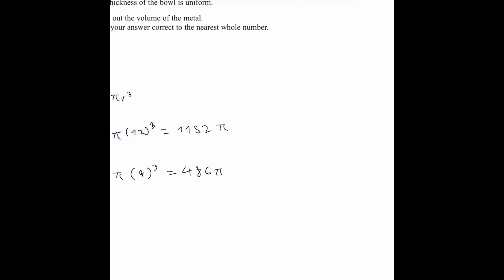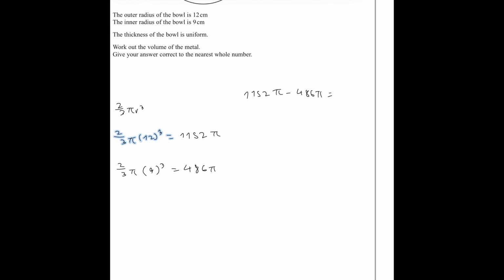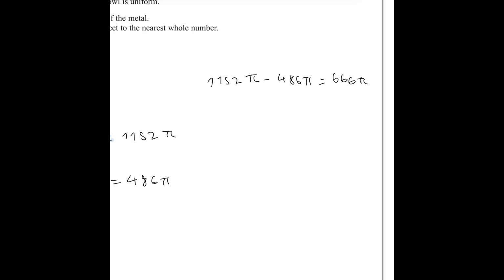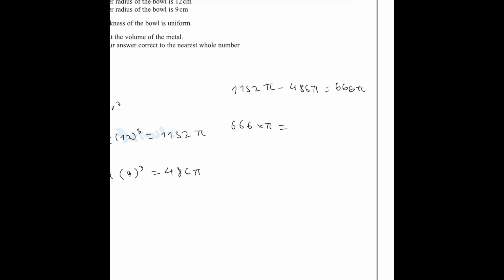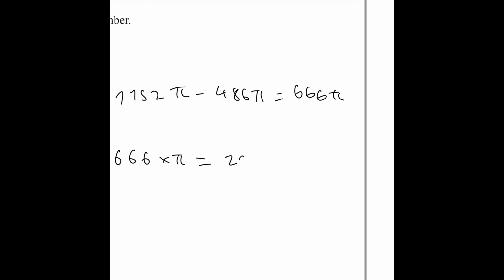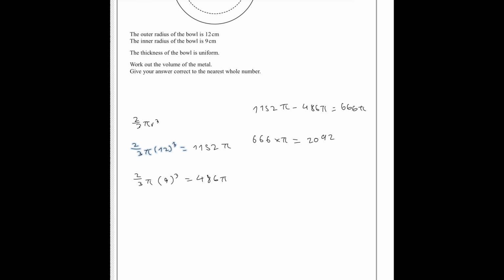And we're just going to subtract one from the other, so 1,152 pi minus 486 pi, which is going to give you 666 pi. Nice. Well, multiply that out, I guess. We want that to the nearest whole number, so that should be it.